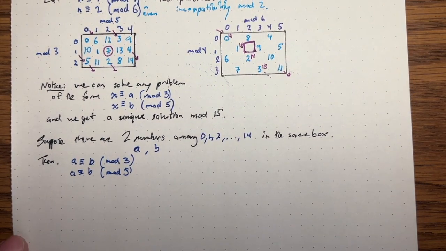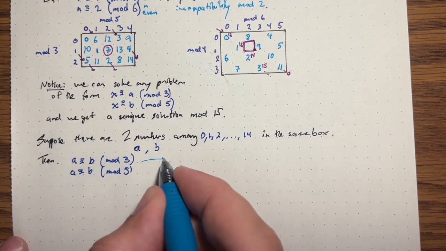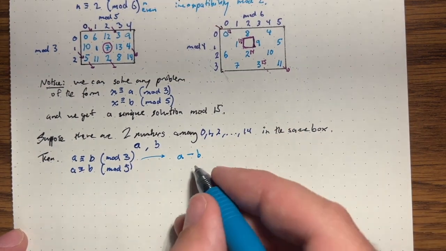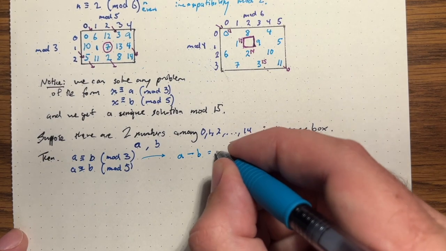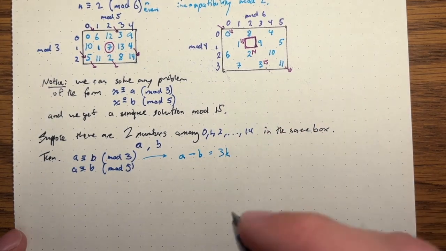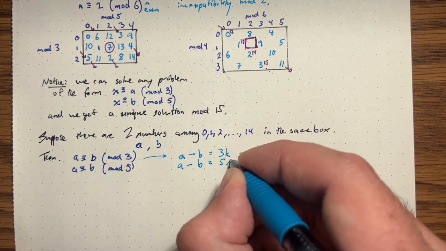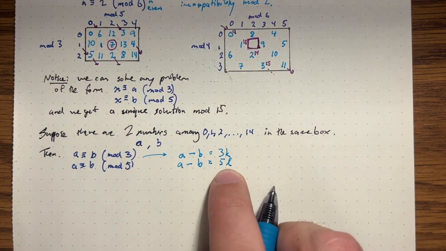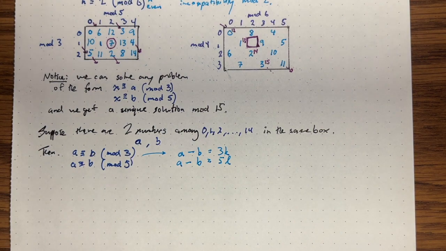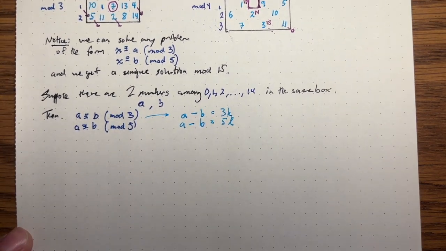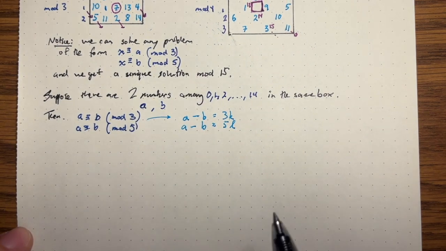How do we do that? Well, let's translate this over to a statement in integers, which is what we've done many times before. This is saying A minus B is a multiple of 3. And A minus B is also a multiple of 5, but it's a different number here possibly. So 3k and 5l. Okay, where do we go next with this?